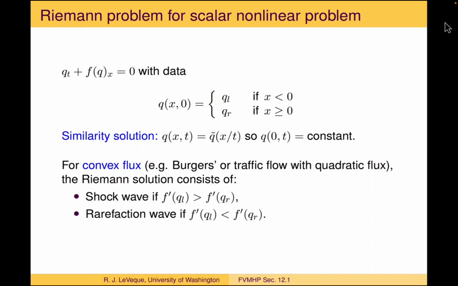So in the convex case, there's always only a single wave, but it might be a rarefaction wave rather than simply a discontinuity.